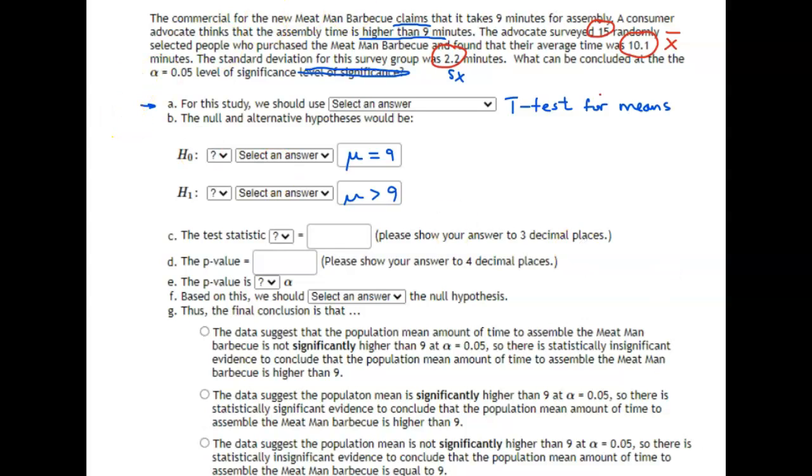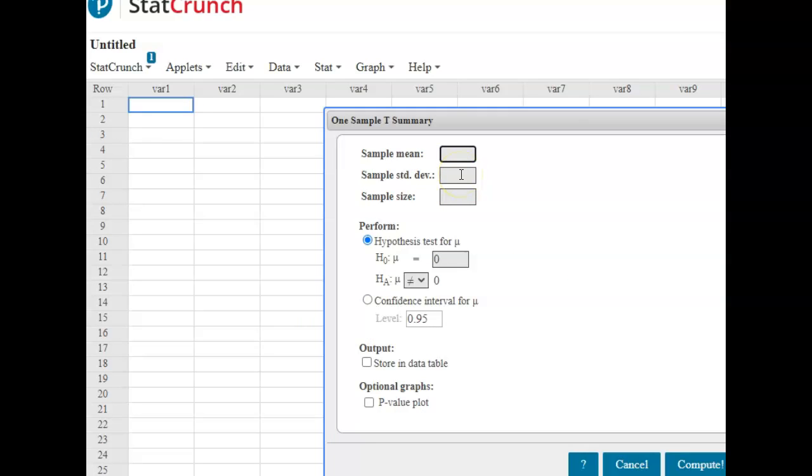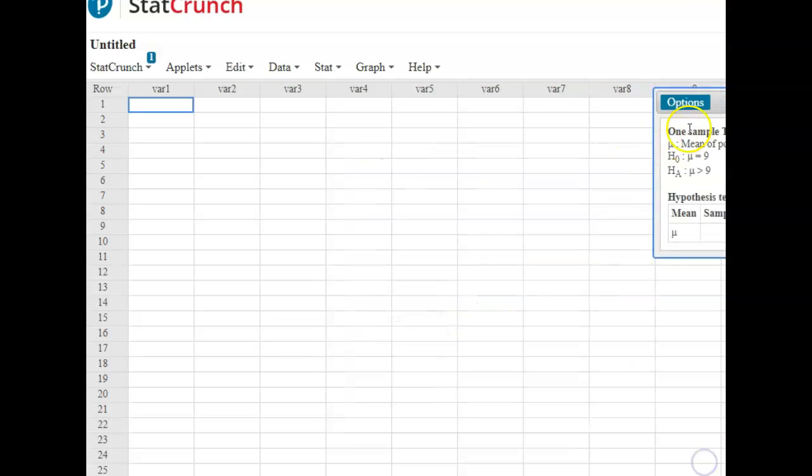We're going to put in our hypotheses. The null hypothesis is mu is 9. The alternate is that mu is bigger than 9. And we just click compute.